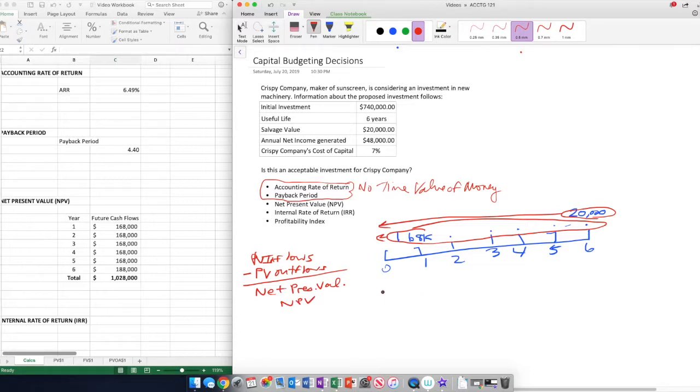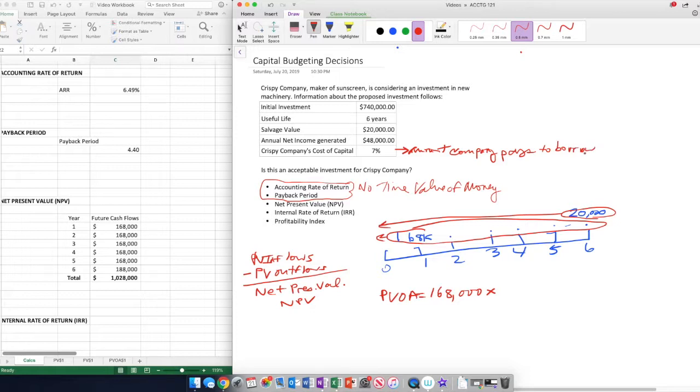So if we're looking at the present value of an annuity of $168,000, we need to know the rate of interest, and we need to know the number of periods. The rate of interest in this case, we are going to use the company's cost of capital, which is 7%. The cost of capital is the amount that the company essentially pays to borrow.